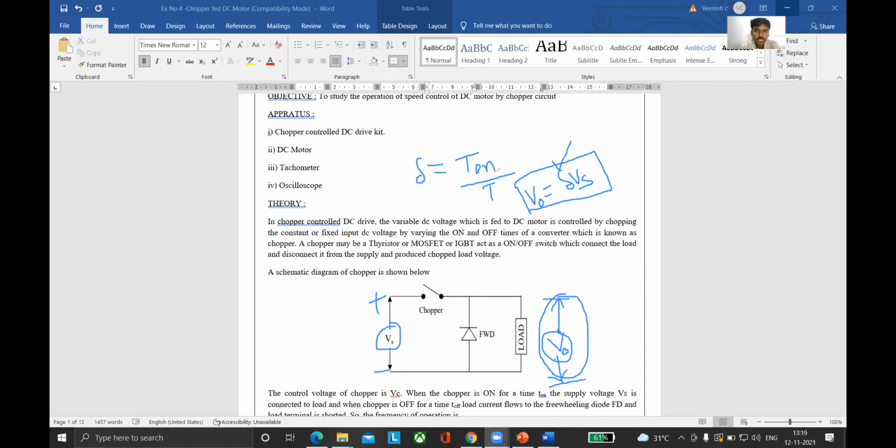If the off time changes, the total time period also changes.